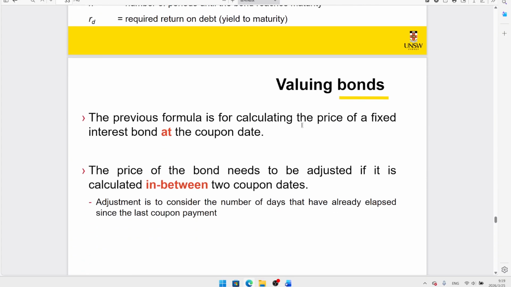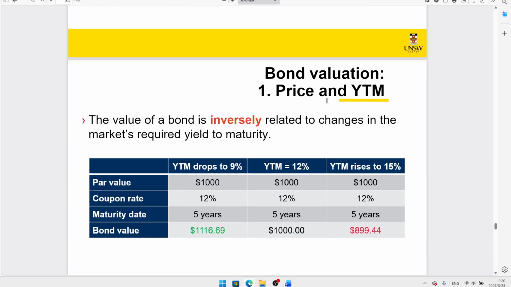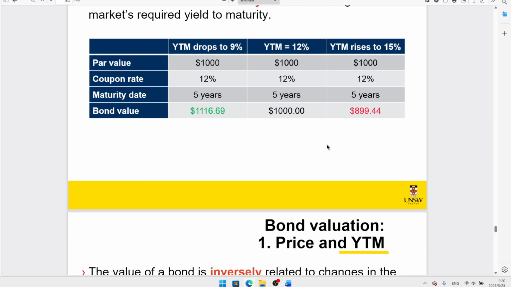Next is valuing bonds. The previous formula is for calculating the price of a fixed interest bond with a coupon rate. The price of a bond needs to be adjusted if it is calculated between two coupon dates. The value of a bond is inversely related to changes in the market required yield to maturity.